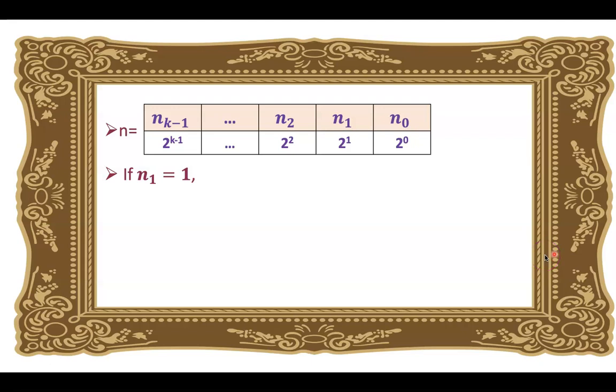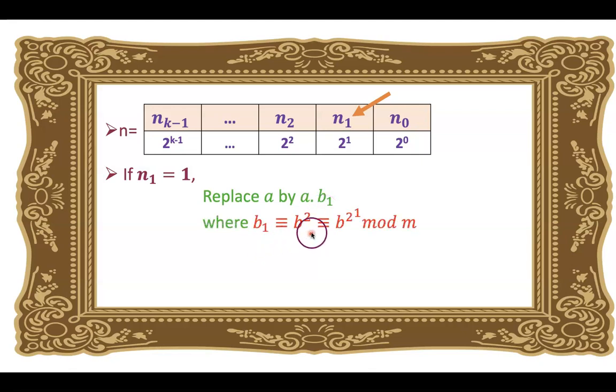And in the next step, we consider n1, the next digit, and check whether n1 is equal to 1, and if it is so, we replace a by a into b1, where b1 is b square or b raised to 2 raised to 1 modulo m.